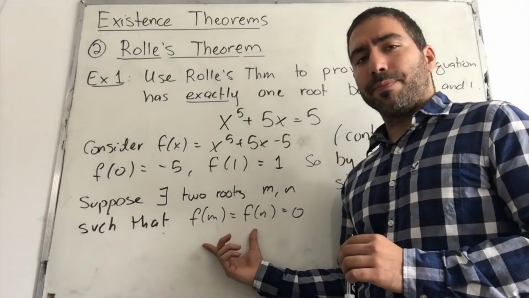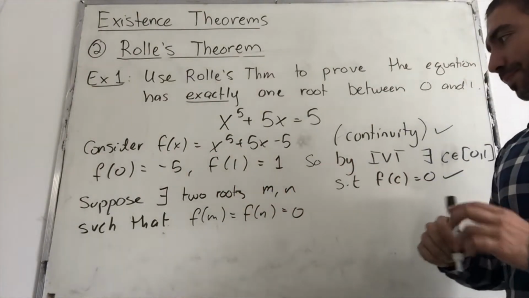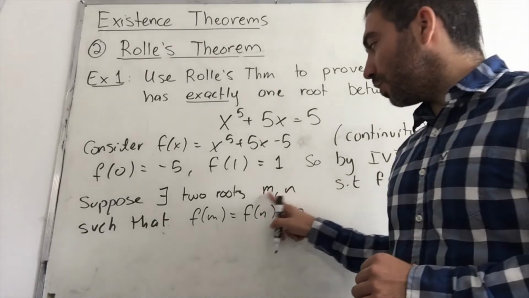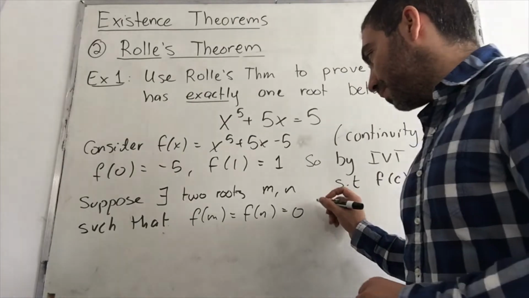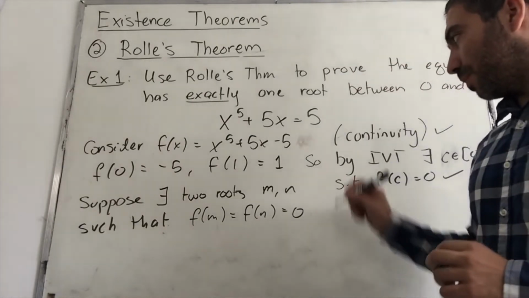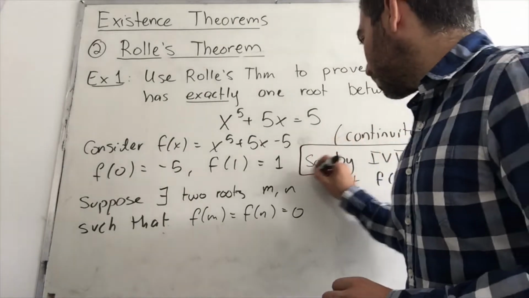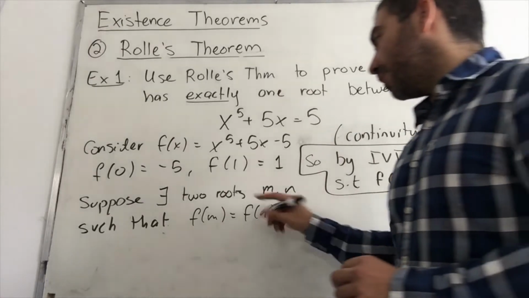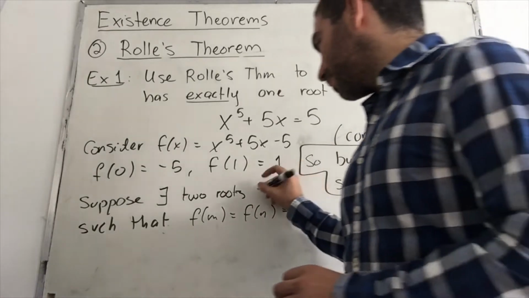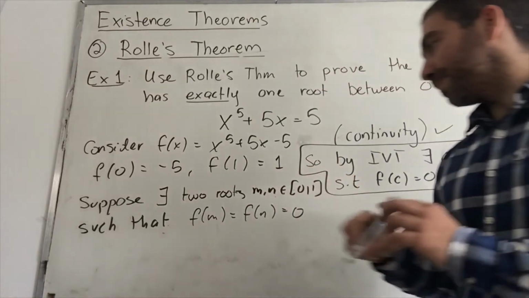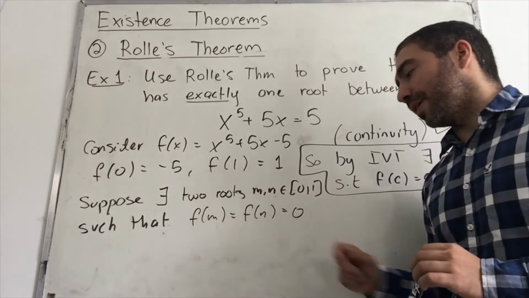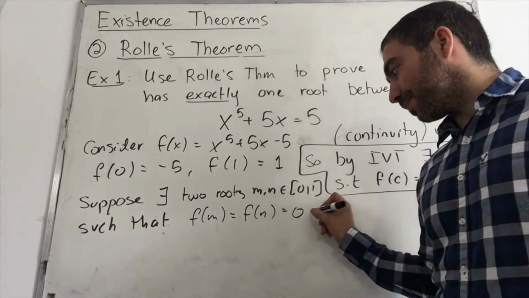Also, as a side note, m and n have to be in the interval from 0 to 1 that we're using.